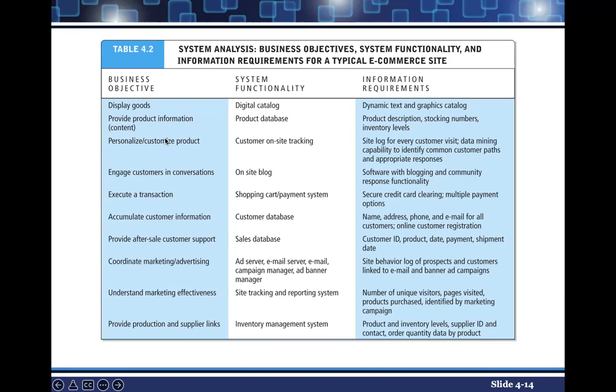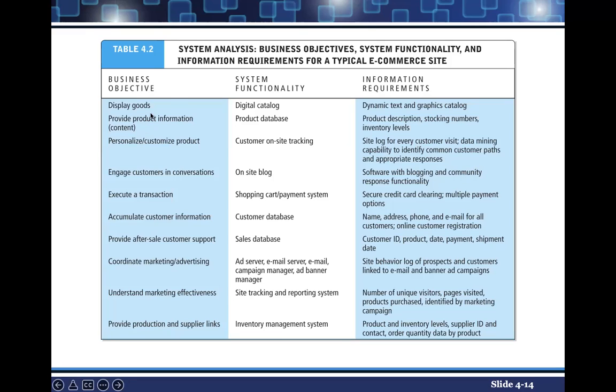The last example I give you is if the business objective is to personalize or customize the product. The system functionality that we must have to respond to the business objective is customer on-site tracking. The information requirements that we need are site logs of every customer visit, and data mining capability to identify common customer paths and appropriate responses.